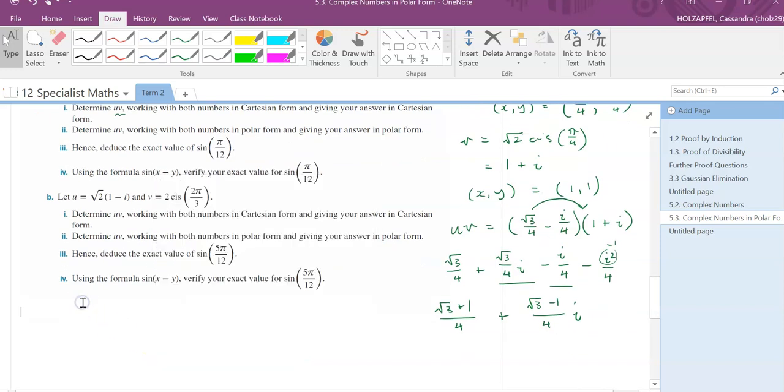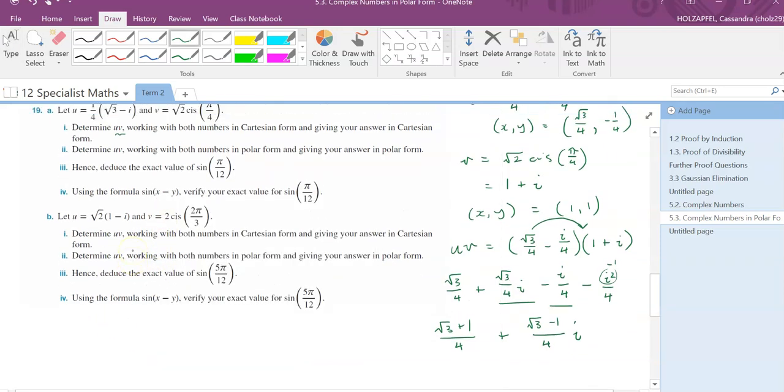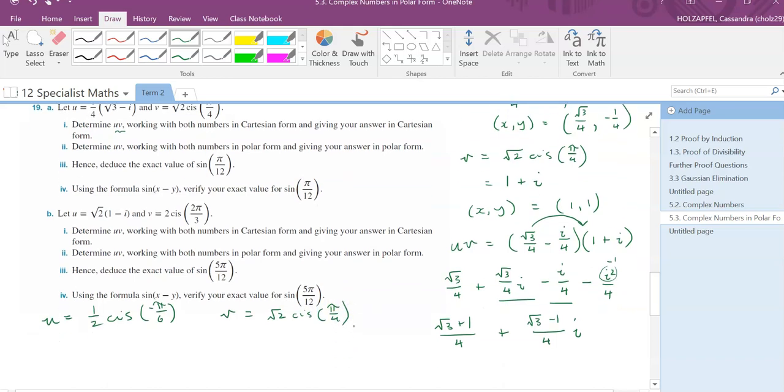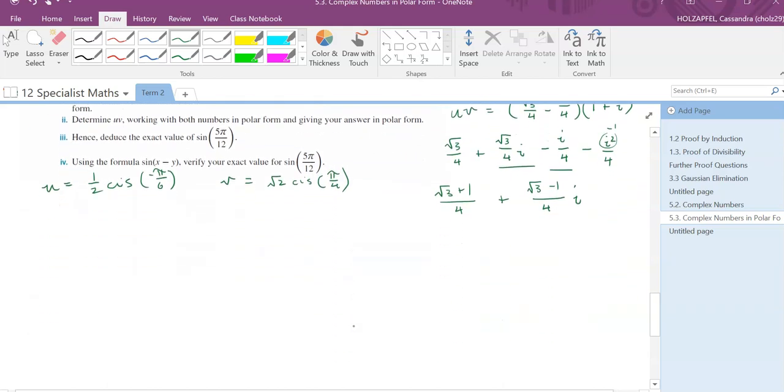So the first one was U is equal to 1/2 cis negative pi on 6, and then the second was V is equal to root 2 cis pi on 4.